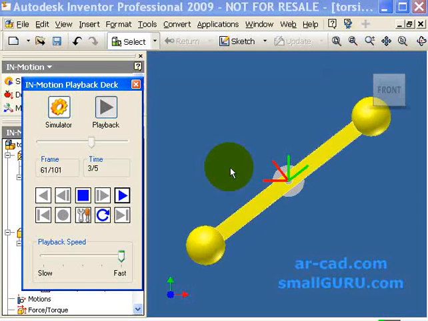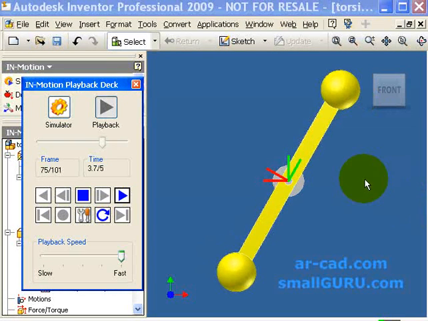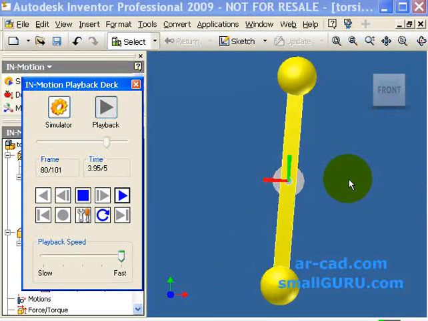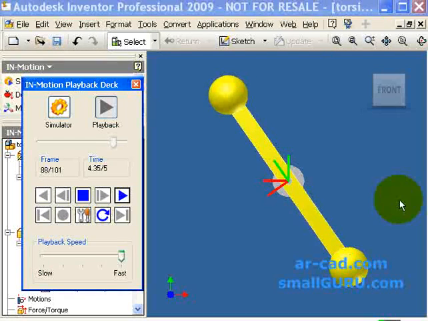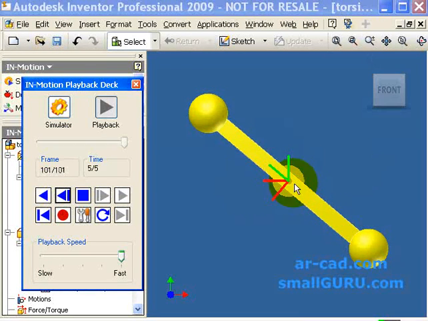This means that earlier it was in compression state. When it comes to 0, this is in neutral state, and when it passes, it goes to tension state. We can imagine the rotary spring to be in a circular fashion at this insert joint.